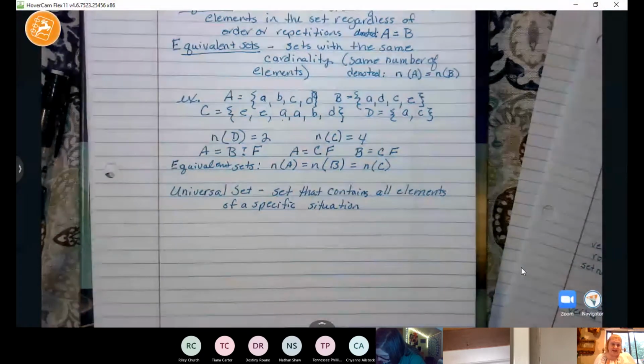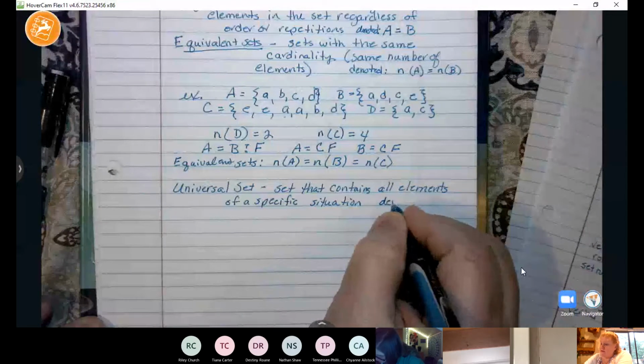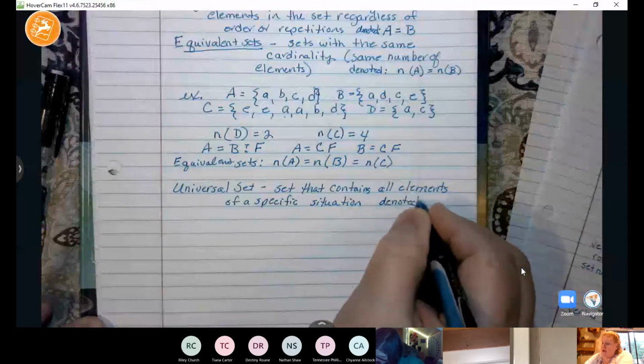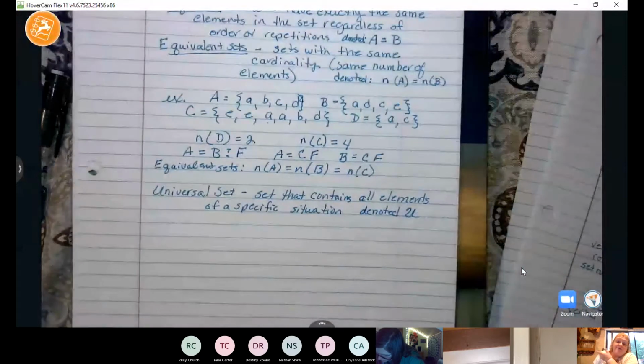So the universal set can change depending on the situation that we are dealing with. Usually the universal set is denoted with a capital U, that is a script U. It doesn't have to be a script U. It at least is a capital U, but usually it's a script U.